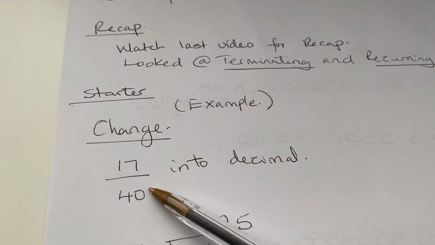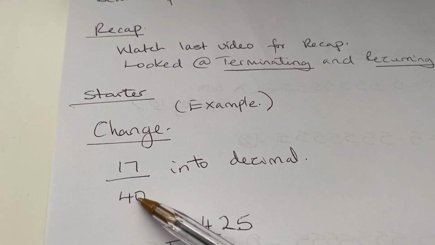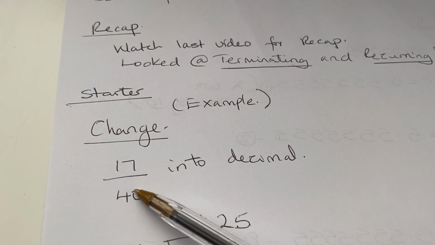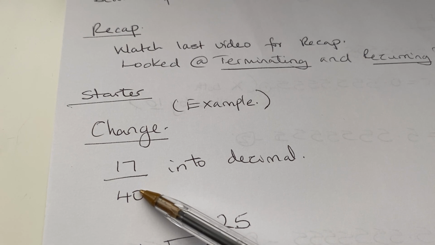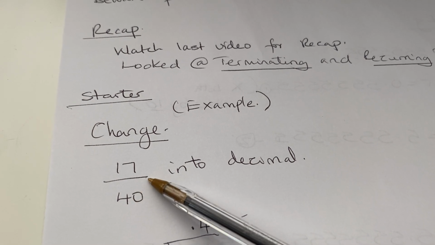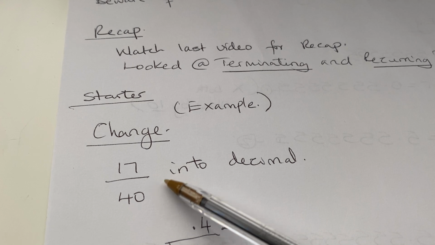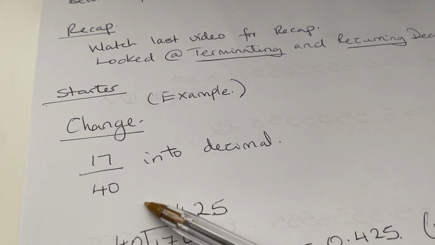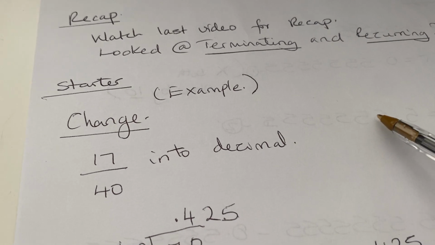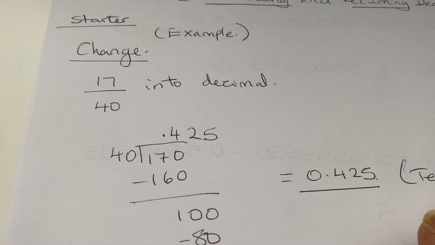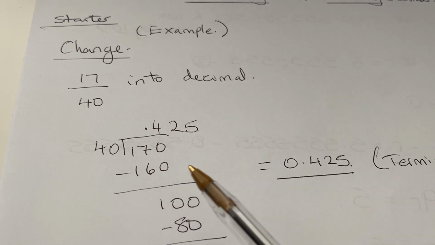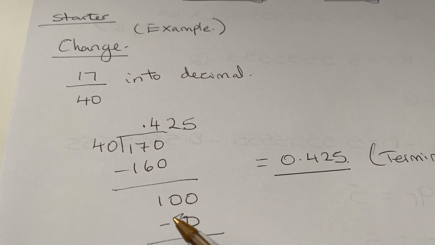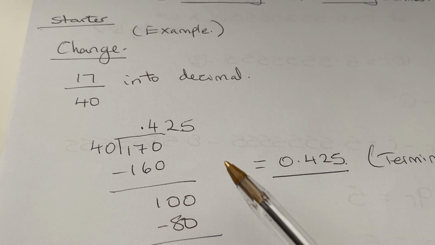Now 40 is the same as 4 times 10, and you can have 2 to the power 2, so immediately you see that, you know that this is going to terminate, without even being told. So I'm going to change it using the long division method, which I have done in earlier videos.